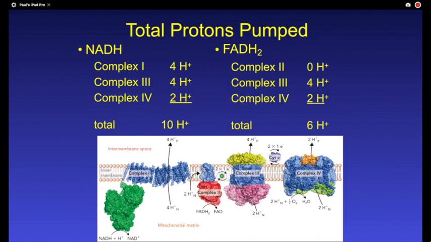For FADH2, complex 1 doesn't pump anything out, complex 3 pumps out 4, complex 4 pumps out 2, and so I either pump out 10 protons or I pump out 6 protons. This is where the pool of the energy has totally converted for almost all of the carbons in glucose. All right, we'll come back to these stoichiometries.